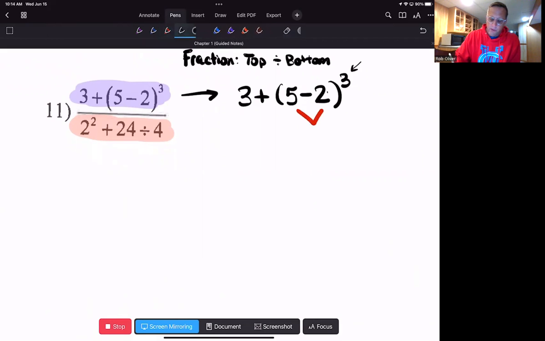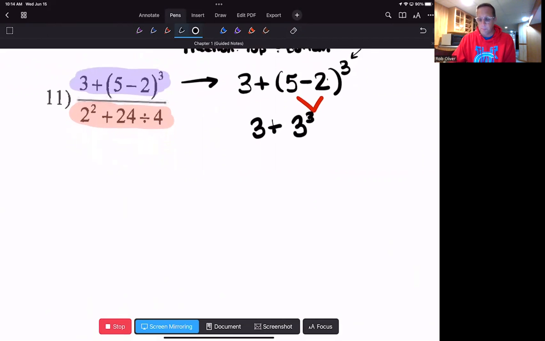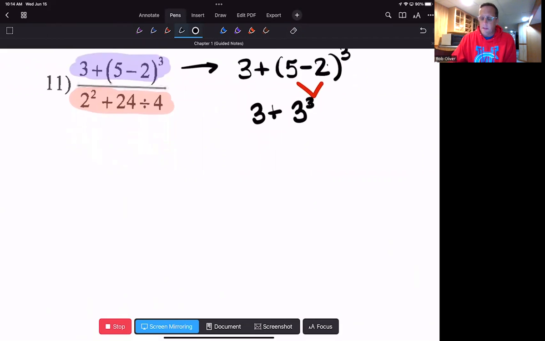But we're going to do that first. So you got 3 plus, and then 5 minus 2 is 3. So 3 cubed. 3 plus 3 cubed. And then 3 cubed means 3 times 3 times 3. 3 times 3 is 9. 9 times 3 is 27. All right, so then that's that part.